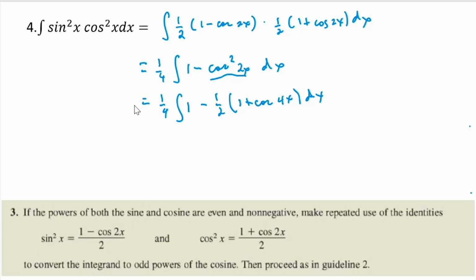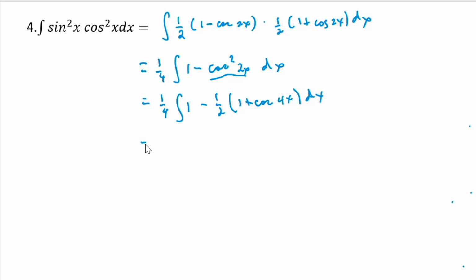Next, I'm going to use the distributive property and separate the two terms so that it will not be confusing. So we can write 1/4 the integral of 1 dx minus 1/4 times 1/2, we have 1/8, the integral of 1 plus cosine of 4x dx.